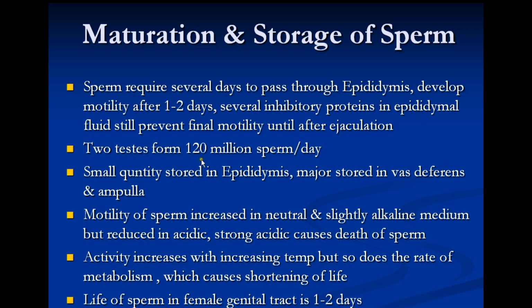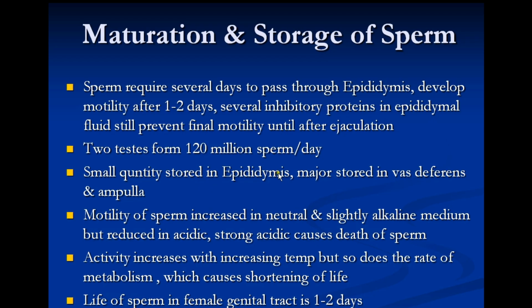Two testes form about 120 million sperm per day. A small quantity of sperm is stored in the epididymis, and the major store is in the vas deferens, in the terminal part of the vas deferens, which is called the ampulla of the vas deferens.